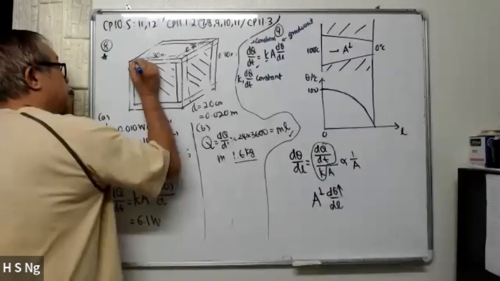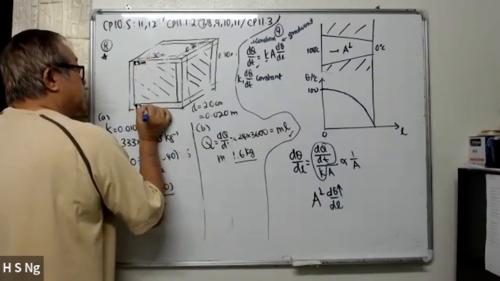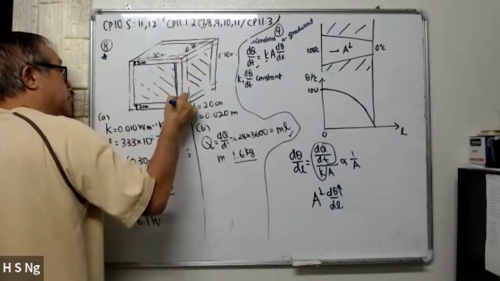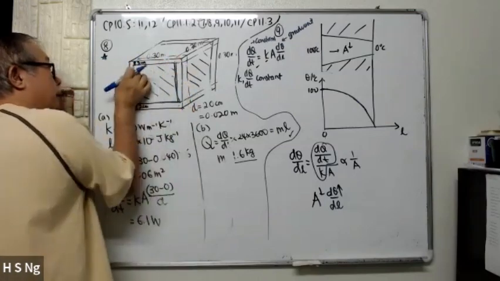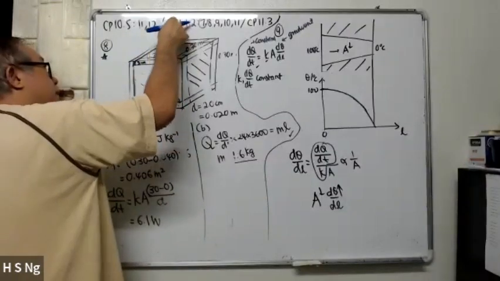Sir, question number 8, what about the area, 1 to minus 0.04? I told you this one is 2 centimeter. The heat cannot go through this area because this one goes all the way back here. So how can you expect the heat to come from here?